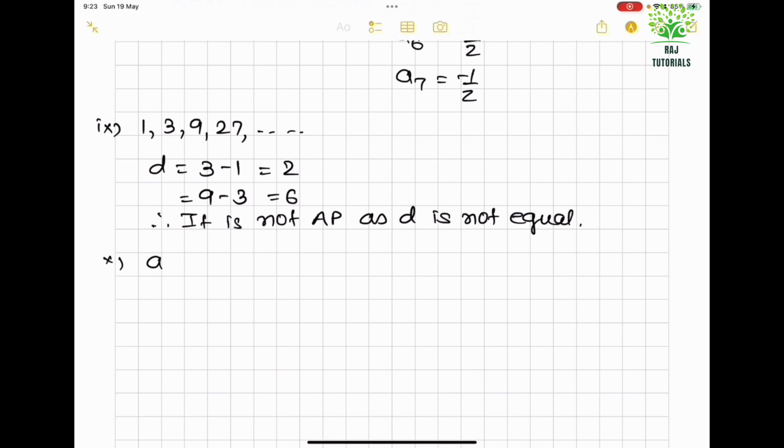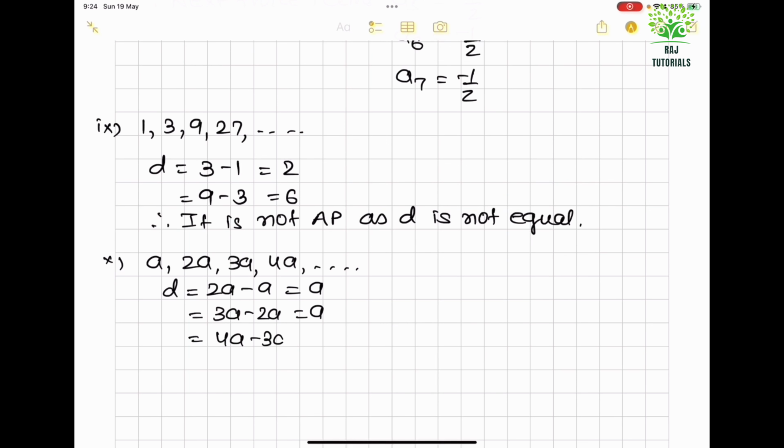The 10th one says a, 2a, 3a, 4a, and so on. So here d will be 2a minus a, that is a. 3a minus 2a, that is a. 4a minus 3a, that is a. Therefore it is an AP with d equal to a.